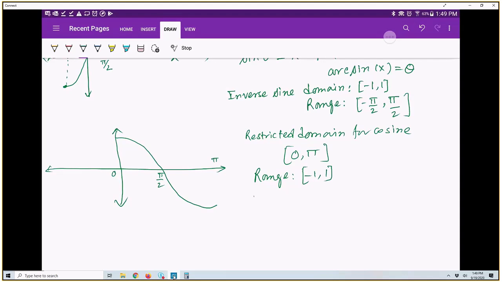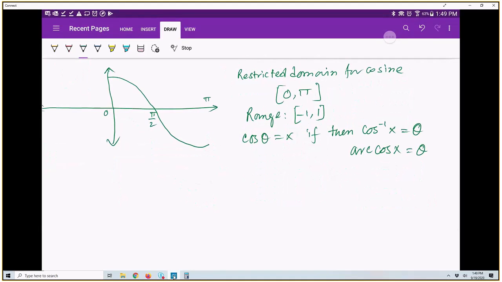We define the cosine function as: if cosine theta is equal to x, then we say arc cosine of x, or cosine inverse of x, is the angle theta.